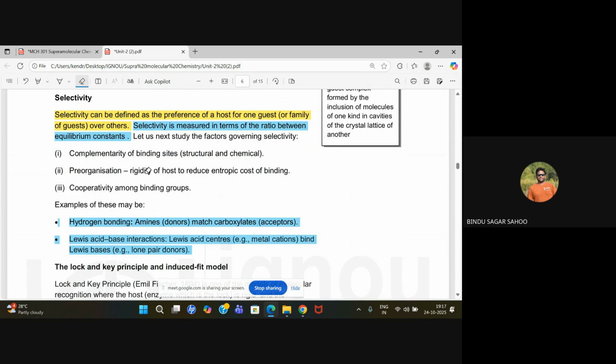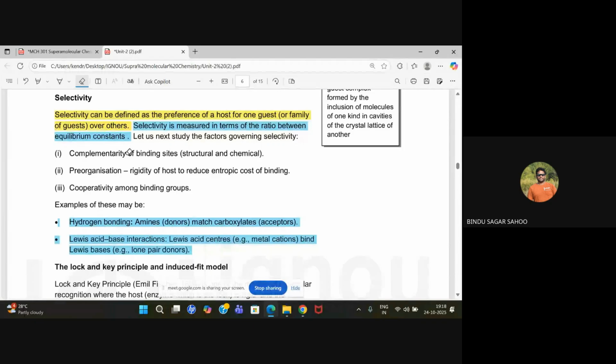That means after binding, whether the overall complex's rigidity or entropy gradually increases or decreases. The structures of host and guest and their binding sites must be structurally complementary. That means if a host provides a proper active site, a proper cavity, then a molecule of appropriate size can fit into it, and they must be chemically complementary.